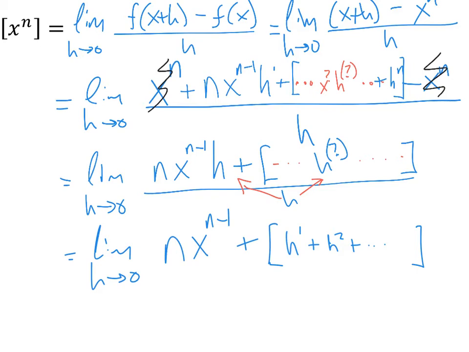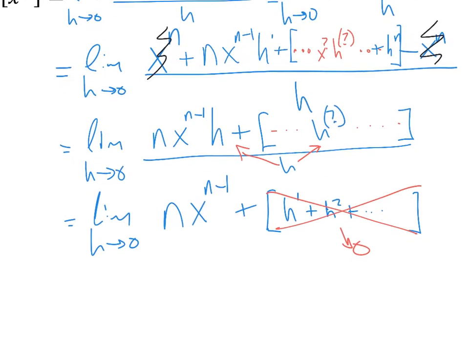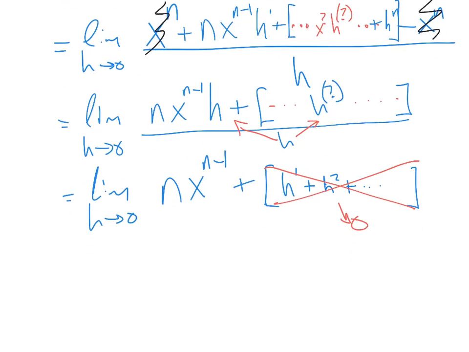Now the question is, what happens when h goes to infinity? I'm sorry, to 0. Well, when h goes to 0, these guys all go to 0, and that leaves us with this guy. This does not have an h term, so we have n times x to the n minus 1.